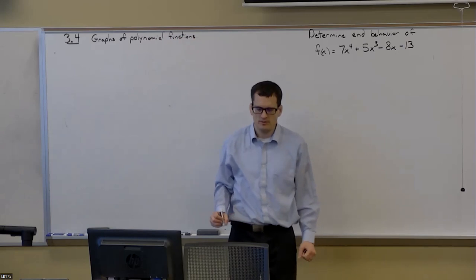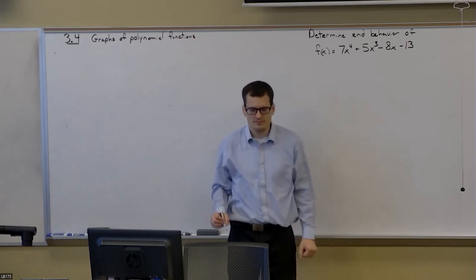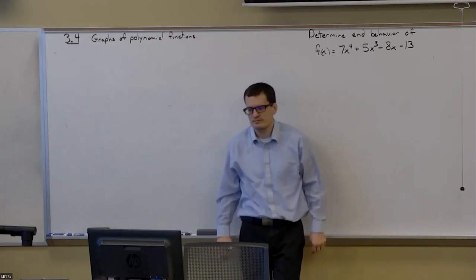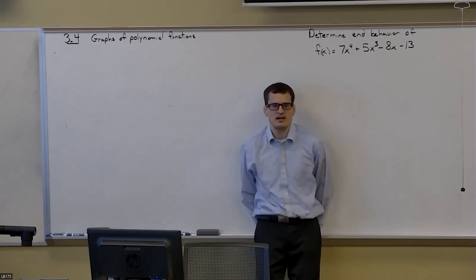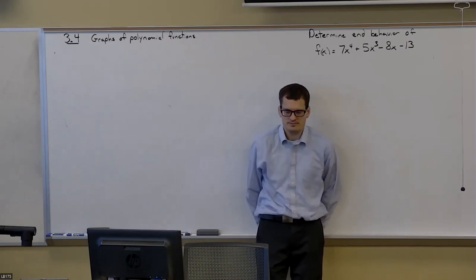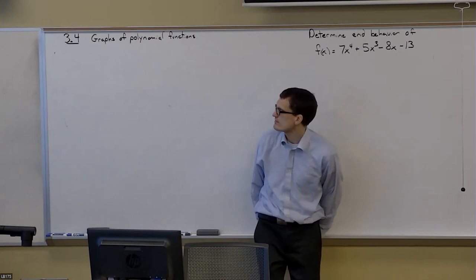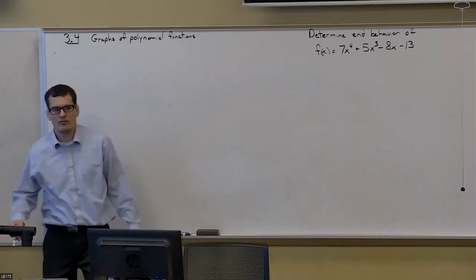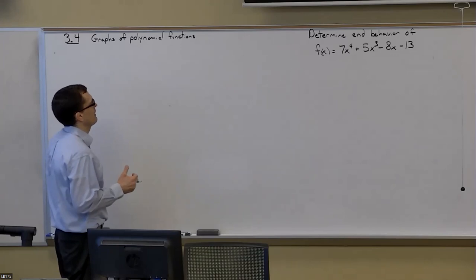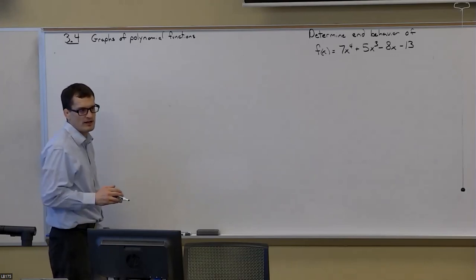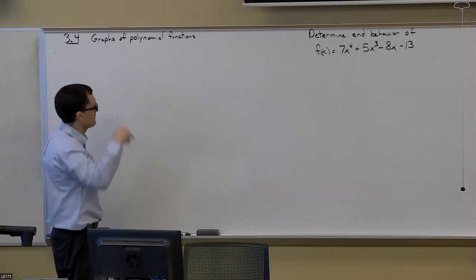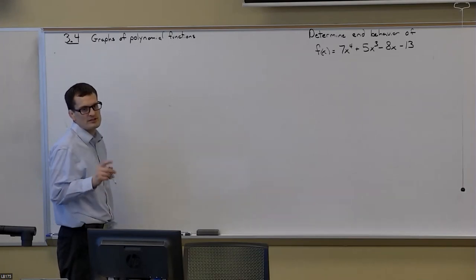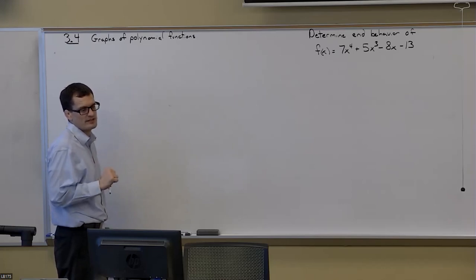All right. There's going to be two big takeaways on this. One is, what do the graphs of polynomial functions generally look like? And the other will be using some of those facts to find zeros and something called the intermediate value theorem.